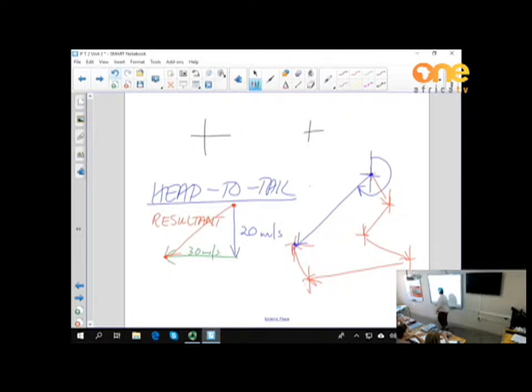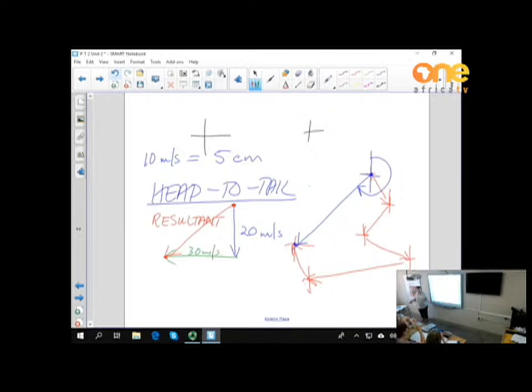Okay, now this one, we still have to figure out the direction. Now, if you have constructed a diagram according to a fixed scale, for example, we would say to you, use 10 meters per second equal to 5 centimeters. Then 20 meters per second would be 10 centimeters long, that line. And 30 meters per second would be 15 centimeters long.